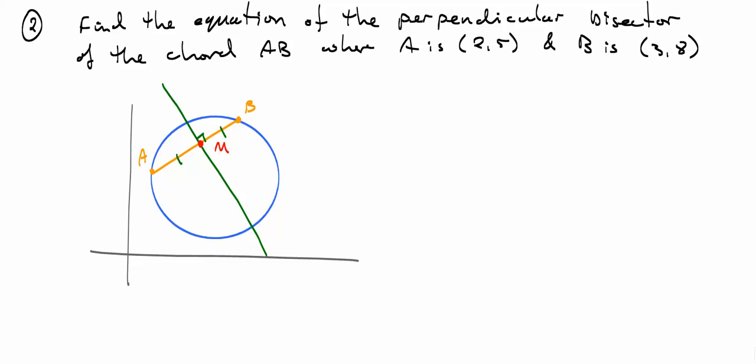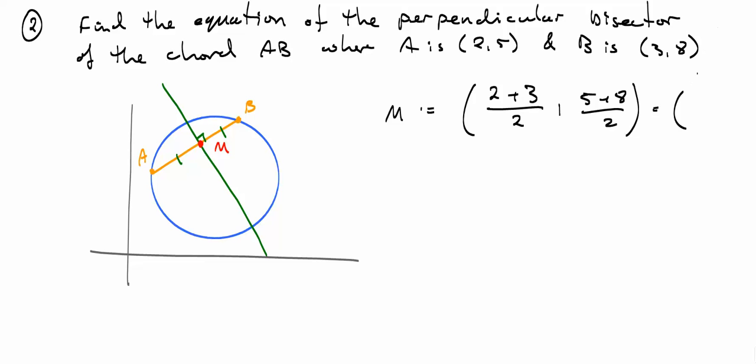So we need to find the midpoint of AB, which we'll call M, which would be 2 plus 3, that's the x-coordinates, over 2, and 5 plus 8 over 2, which is 5 over 2, 13 over 2.